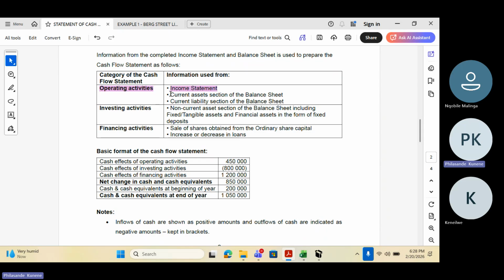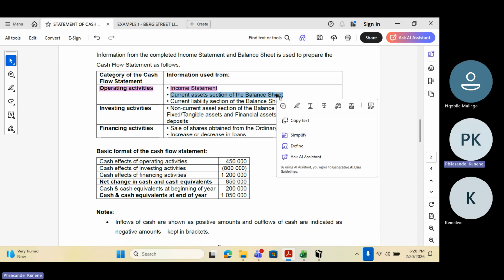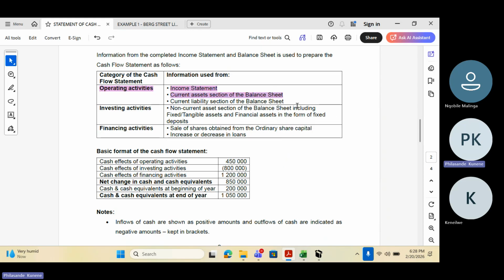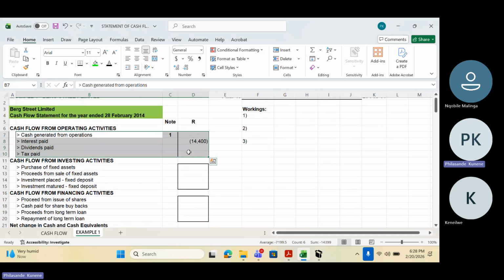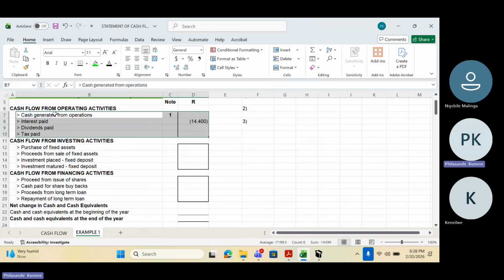Now we need to go to the current assets section of the balance sheet, and also the current liability section, because for now we're still working on the cash flow from operating activities, which is the first note of cash generated from operations.